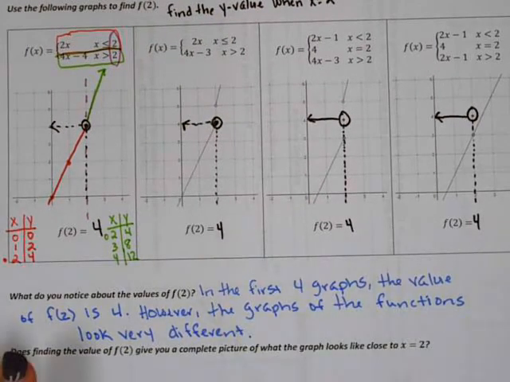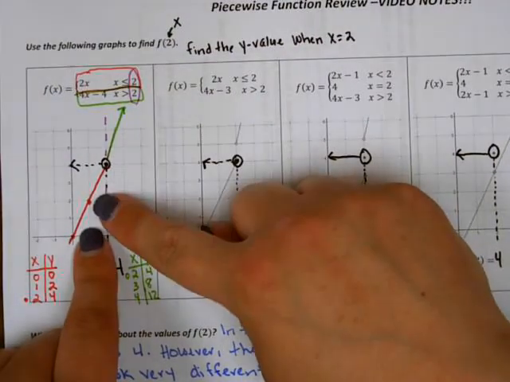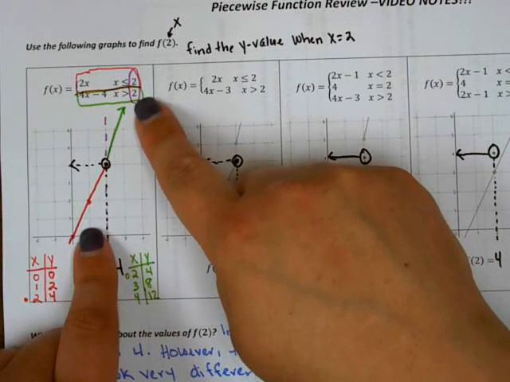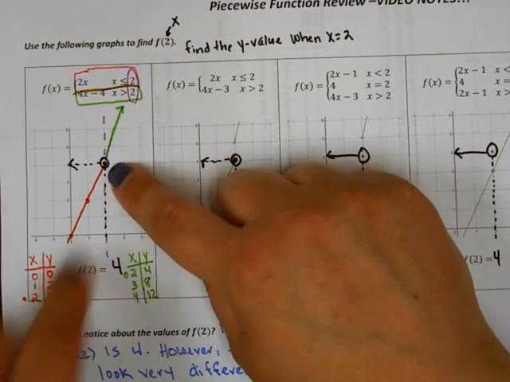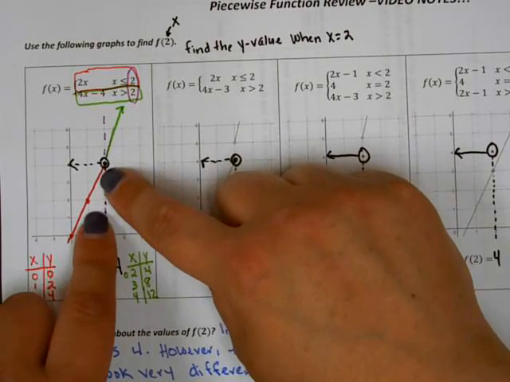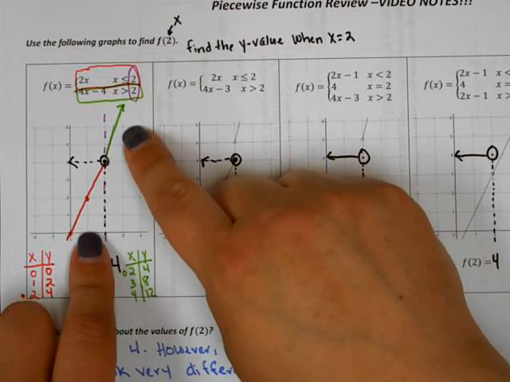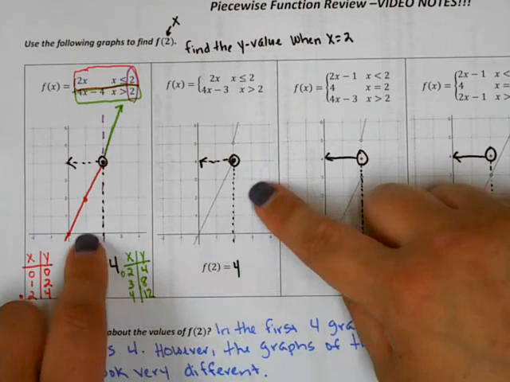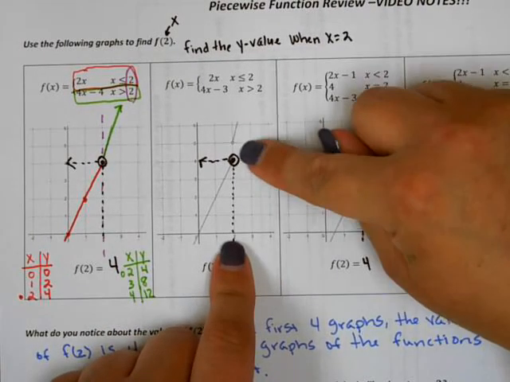So for example, if we look at the first one, we can see that there's 2 distinct pieces, but they happen to be connected because on the breaking point, they ended up having the same function value. And so while it's 2 different pieces, they are actually connected. I could draw this without really picking up my pencil. I would just be changing the slope of the line once we hit x equals 2. For this second graph, though, we have 2 very distinct pieces, and there's this empty space.